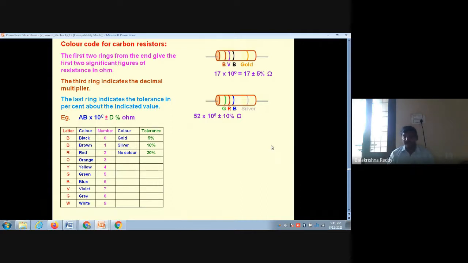But to remember this table, there is an acronym developed in some books from olden days.